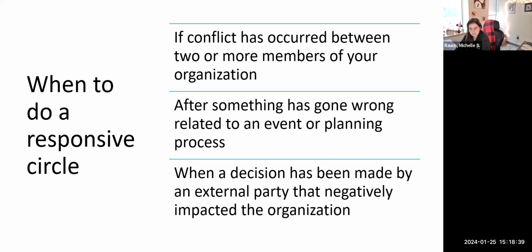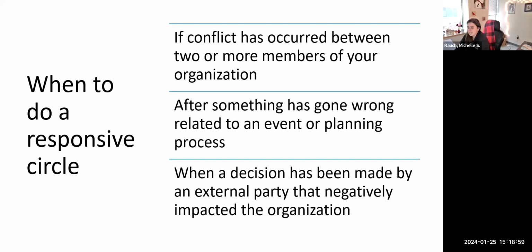Is that something that needs to be addressed and talked about? This could be a really good way to have that conversation in a less stressful or accusation-driven environment. Rather, it's more of a cohesive and community-oriented discussion.